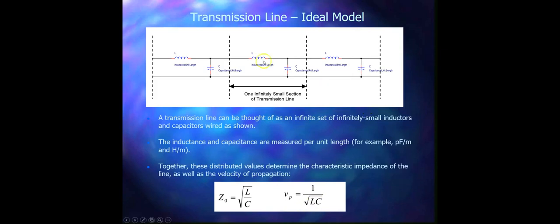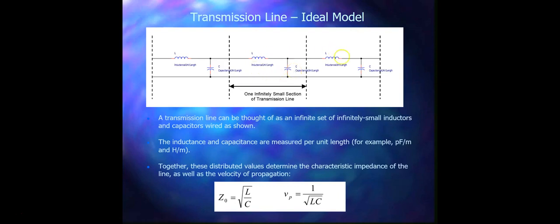Now here, one small section is taken from the transmission line, and when you do the analysis, you take a small section and then you do the analysis on that particular section. And when you make a small model for a transmission line, then in that you have to lump all the inductance in the transmission line into one, and the capacitance of the transmission line into one.